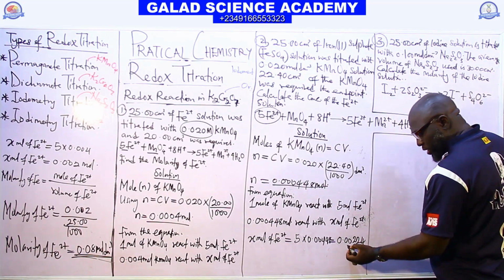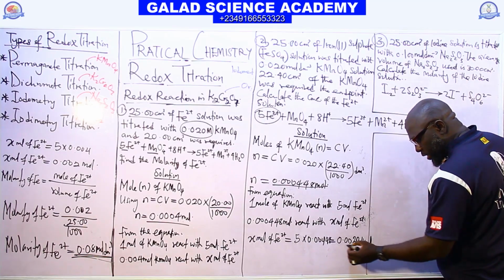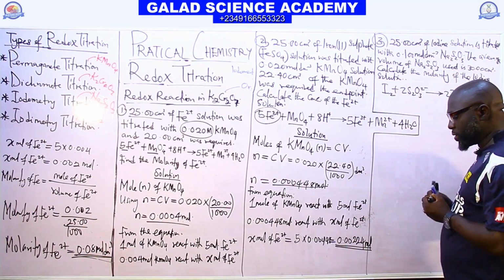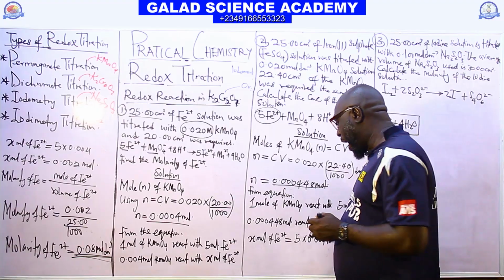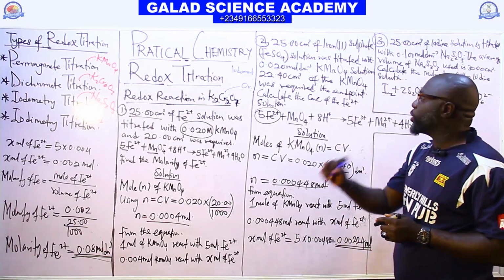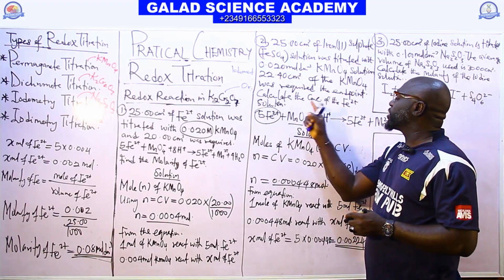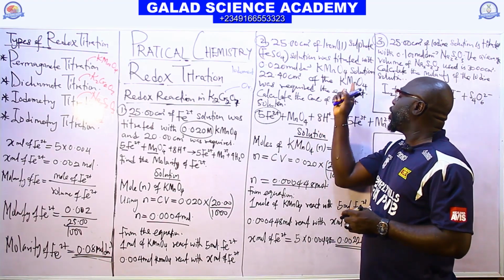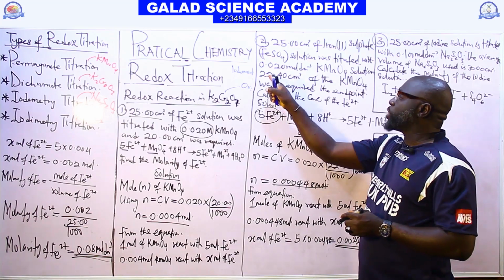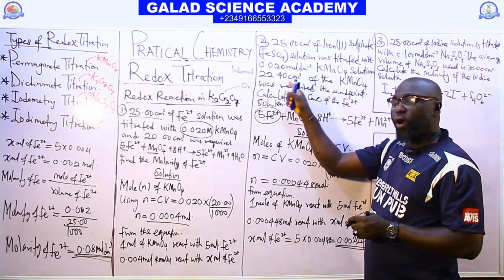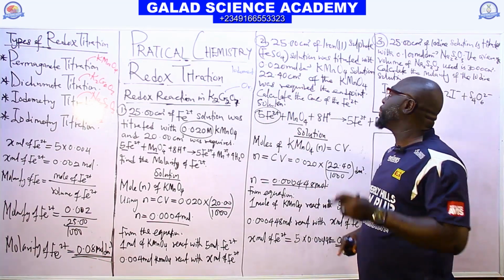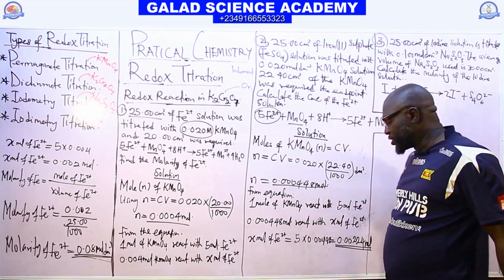So that will be the number of moles of iron. And the question said we should find the molar concentration of the iron if 22.40 cm cube of KMnO4 is required during titration.